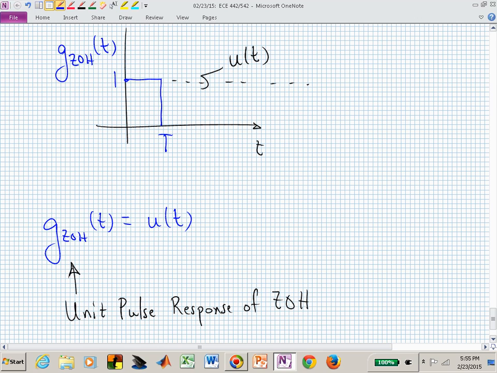But now it doesn't go on forever, does it? It stops after capital T units of time, and we can represent that by subtracting a similar unit step that starts at capital T, which is u of t minus T, where that first t was little t, lowercase, and that last T was a capital T. No, it probably wasn't clear, but that was u of little t minus capital T. This is our unit step.